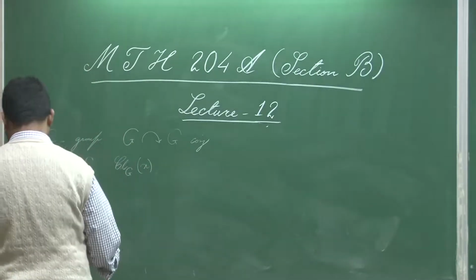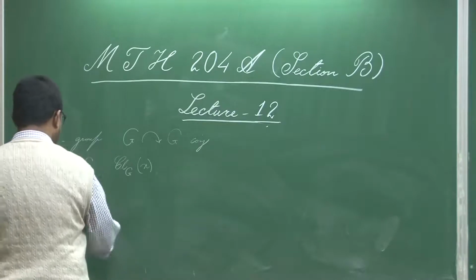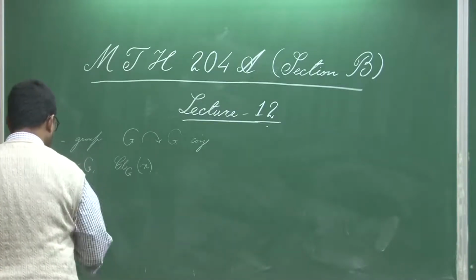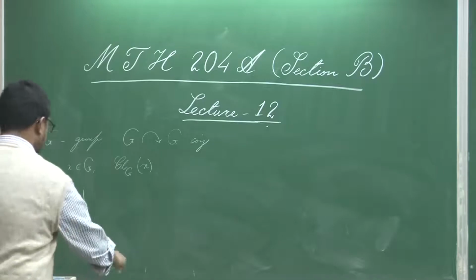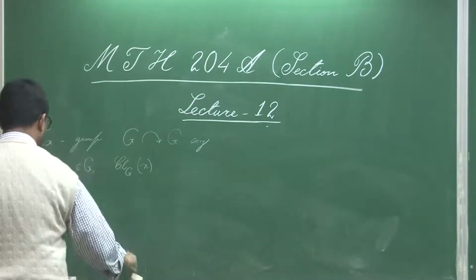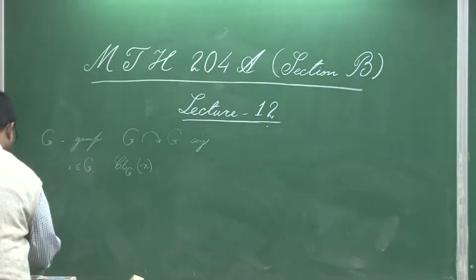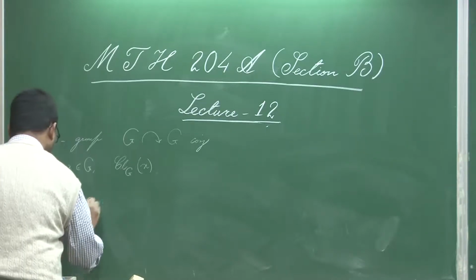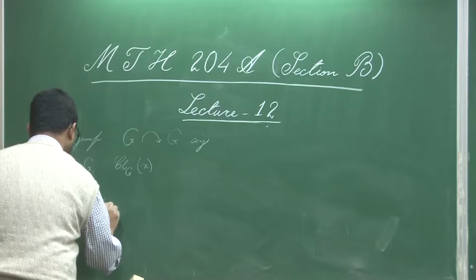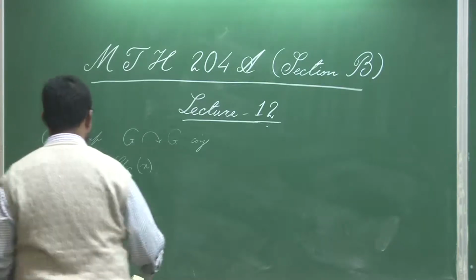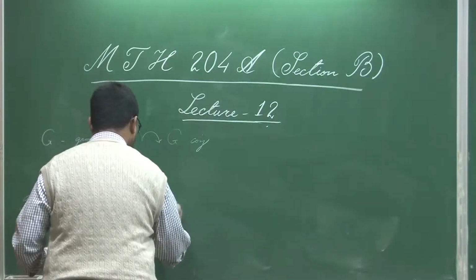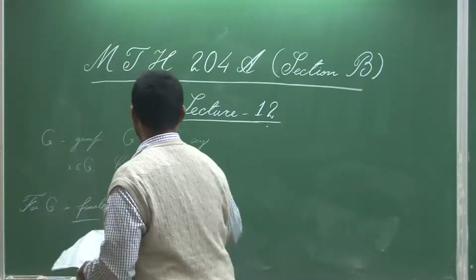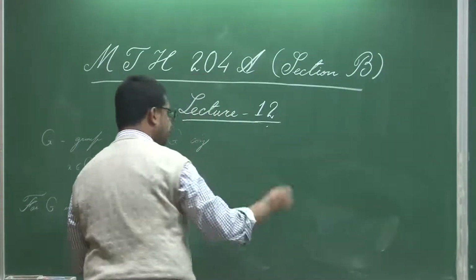thus what we can immediately see is, when G is finite, under this action the class equation looks like this: first the fixed points will come.